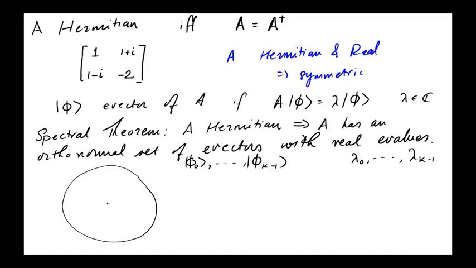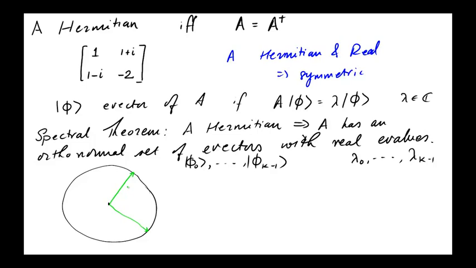Well, to figure this out, you first have to locate the eigenvectors of A. And perhaps one of the eigenvectors is this one, and one of them is that one. So let's say these are the two eigenvectors. They are orthogonal to each other.